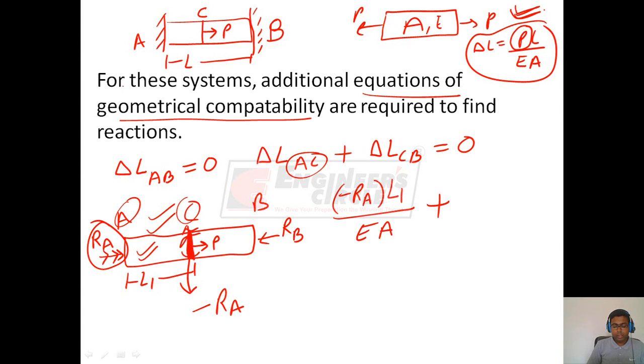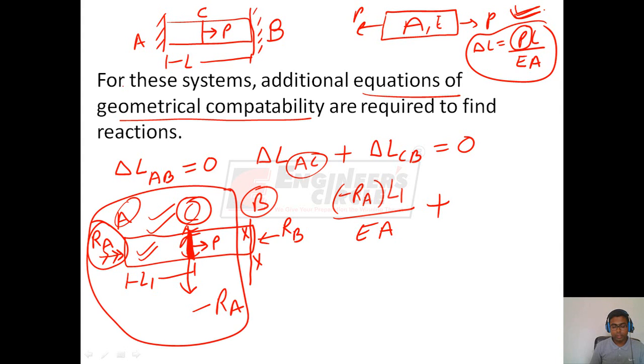Now, similar is the case with the bar CB. To find the load in the bar CB, stand just before the end of the bar CB. Now look at all the loads in the left of section XX. The load acting in the left part of section XX is a compressive load RA, that is this load.